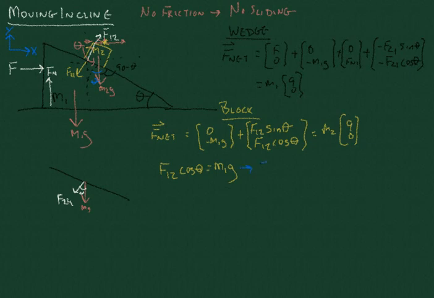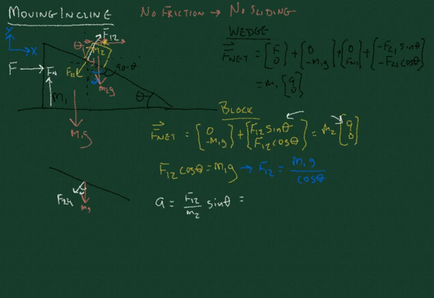So this tells us that F12 is equal to m1g divided by the cosine of theta. And then we can go back, and now we plug that into the first part of the equation, the x components. And so we see that a is F12 over m2 sine theta, which is just equal to, oops, did I write m?